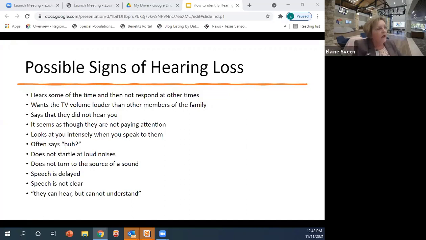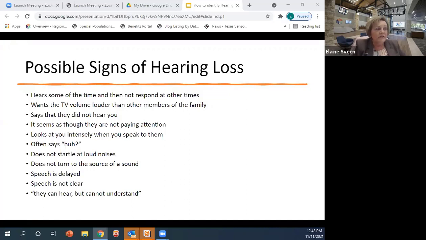Maybe a child looks at you intensely when you speak to them, trying to either lip read or understand by looking. May often say, huh? Does not startle at loud noises. Does not turn to the source of a sound. And that could be an issue.